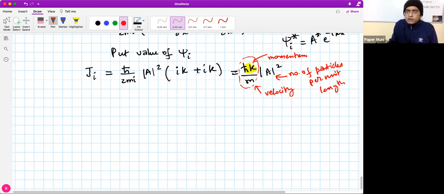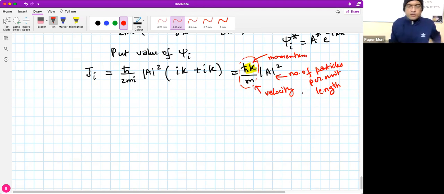Now, if you multiply these two quantities, if you multiply the velocity as meter per second, it comes down to the same thing which we already defined.